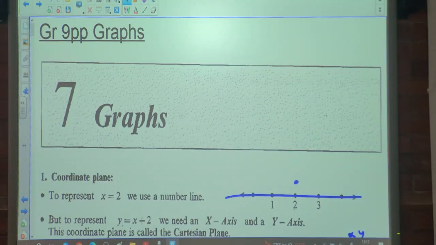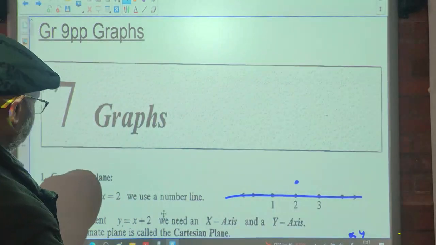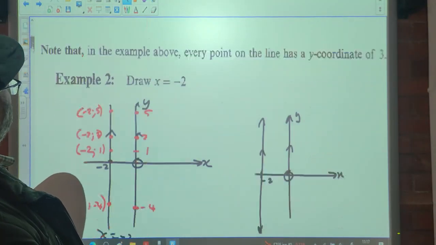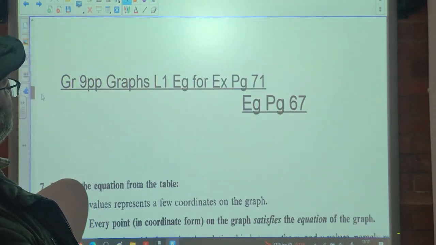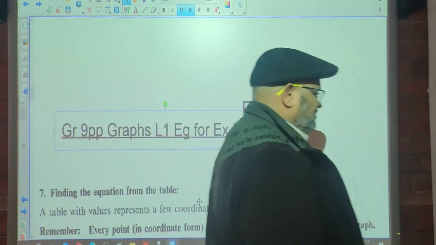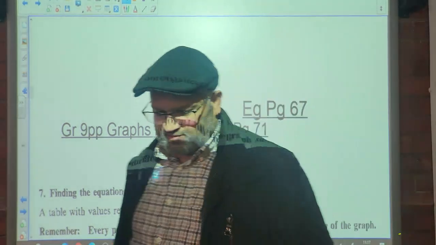Okay, good morning class. So today we're looking at graphs, linear graphs. Now we're looking at lesson 2, for example, exercise 1, which is on page 77.